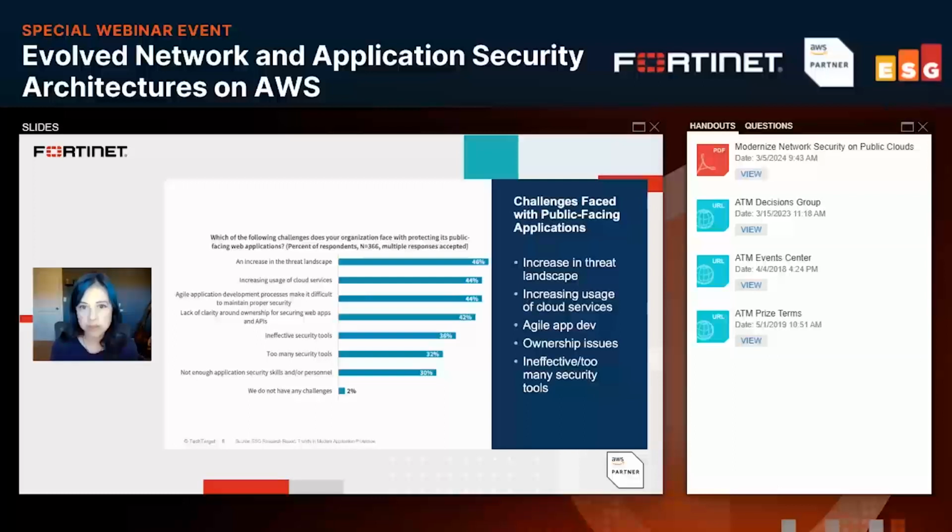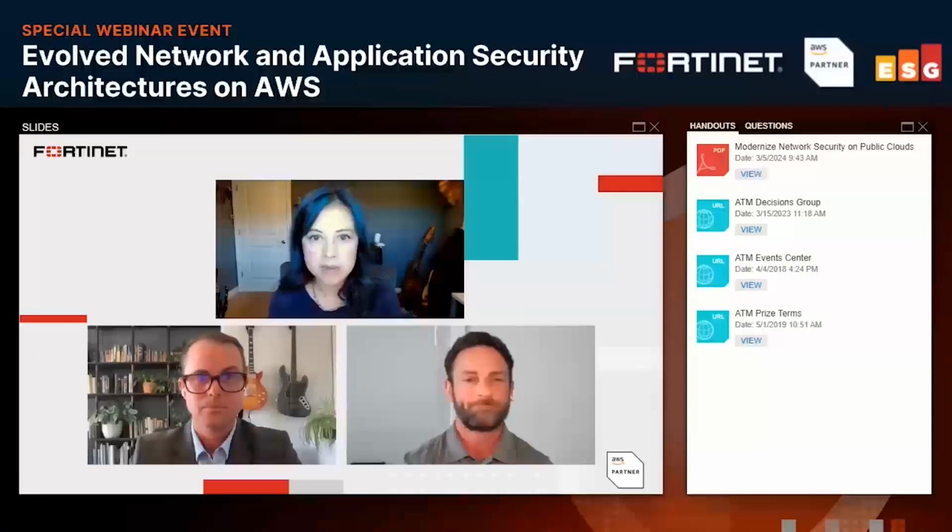The agile development processes mean that more products are released, and it can be difficult to make changes for who's responsible for different security aspects of the web applications and APIs. There's sometimes too many tools or some ineffective tools. Aiden, is this kind of what you're seeing when you talk to customers, a lot of different tools in place and they're in different areas with different users?